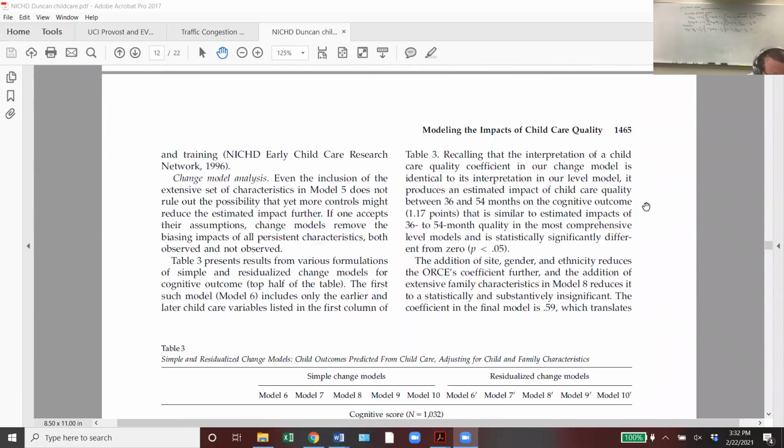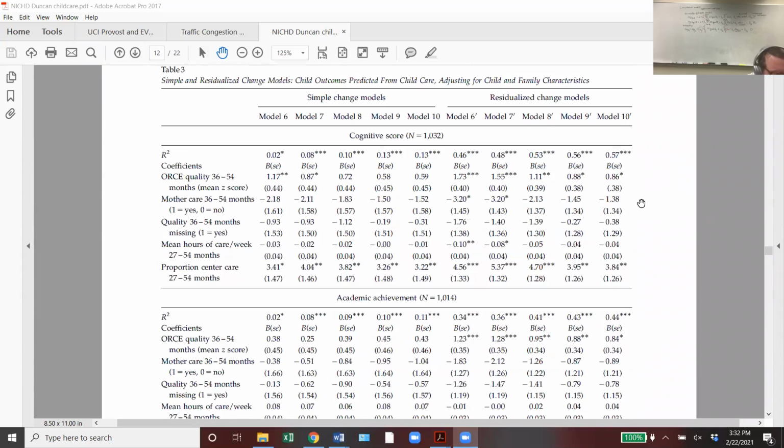But the preferred model is this simple change. You add in all the control variables that you should, and now you're getting an insignificant estimated effect of a standard deviation increase in late childcare quality, 0.59.